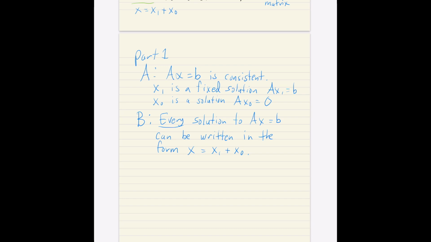Okay, so let's go through the forward-backward method, starting with the conclusion. The key question, or the key thing we have to answer here, is, how do we show that every solution can be written in this form?